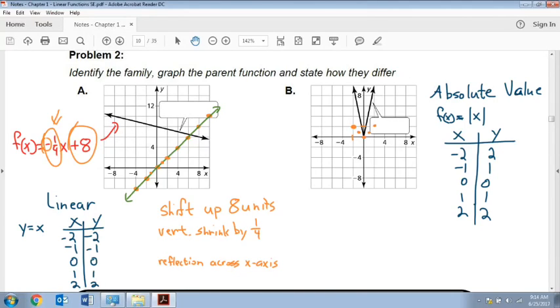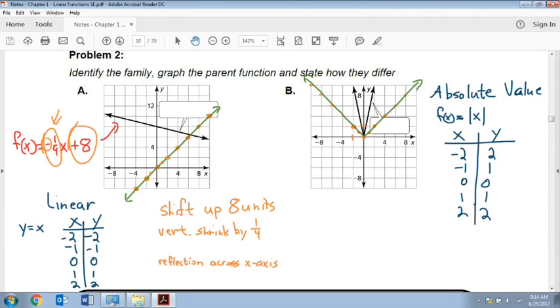This is 0, 0, 1, 1, 2, 2. And if you want to continue it on out, remember it makes that straight line all the way out. And you get a graph that looks like this. And there's your absolute value.